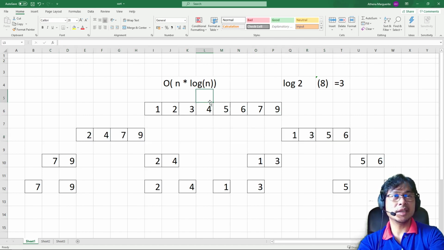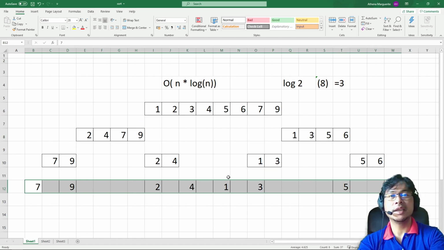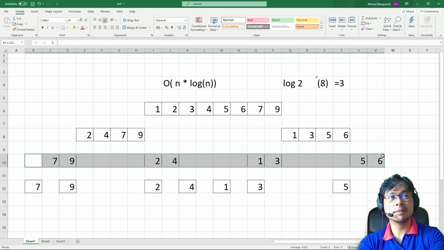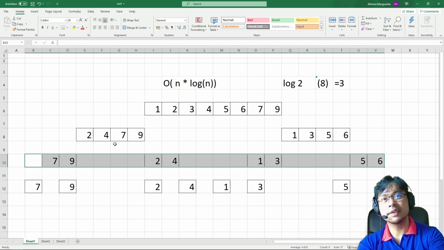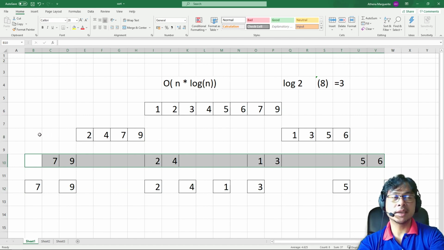For every level of traversal, there are tasks being done. So the time complexity for this algorithm, specifically the merge sort algorithm, is n multiplied by log of n.